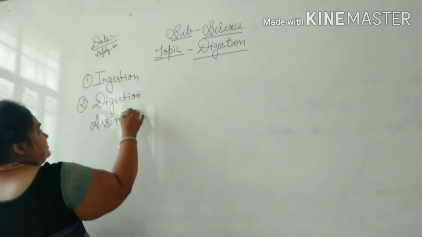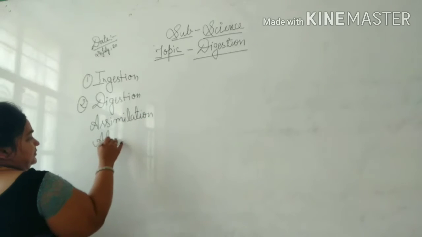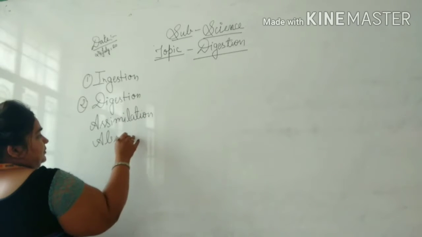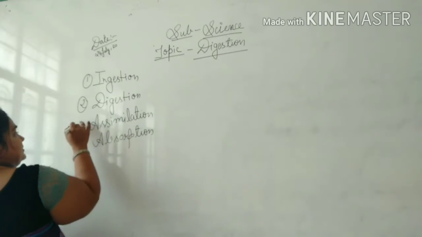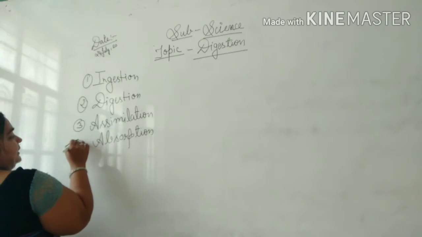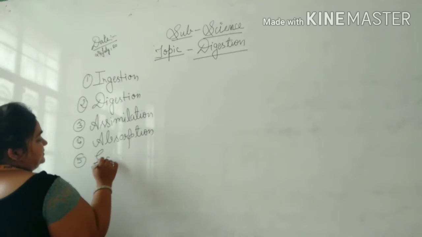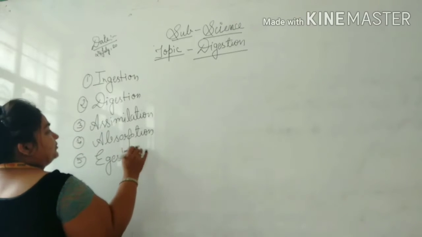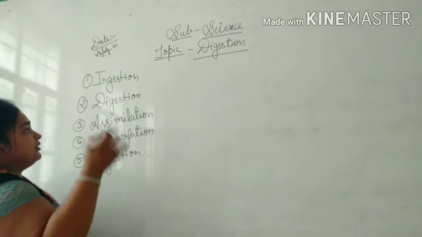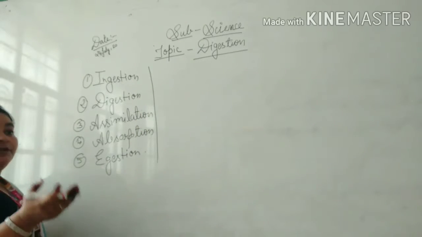Third was assimilation. Fourth was absorption. And fifth was egestion. Clear? These 5 steps are present in any work or conditions for the digestion of food in nutrition.